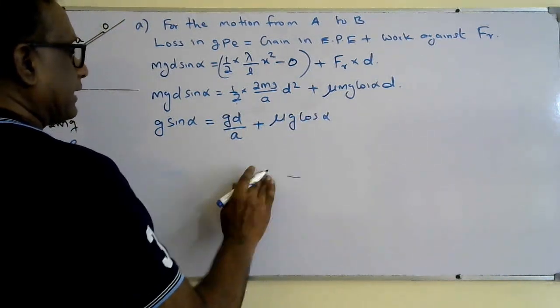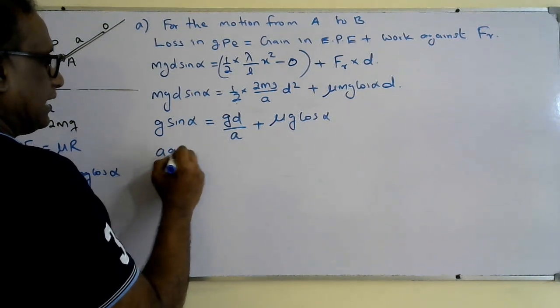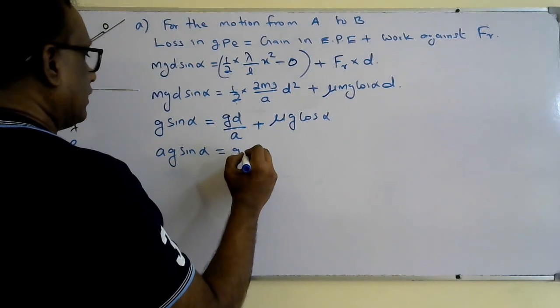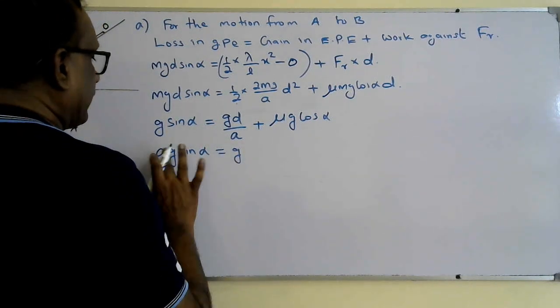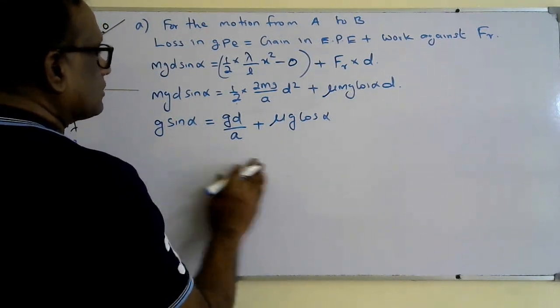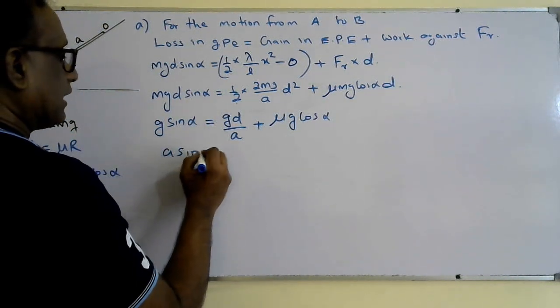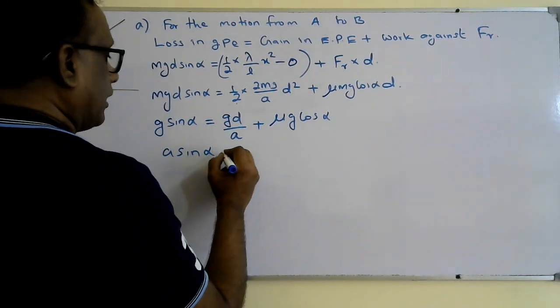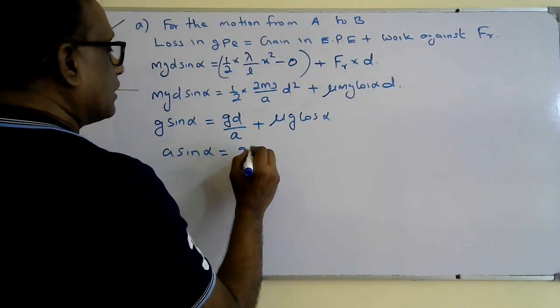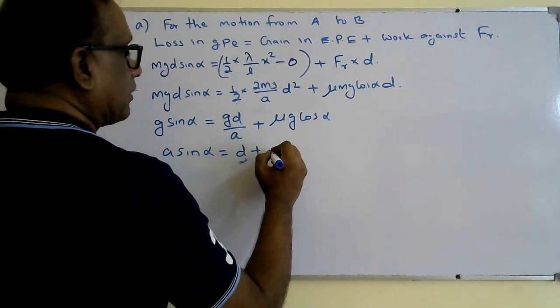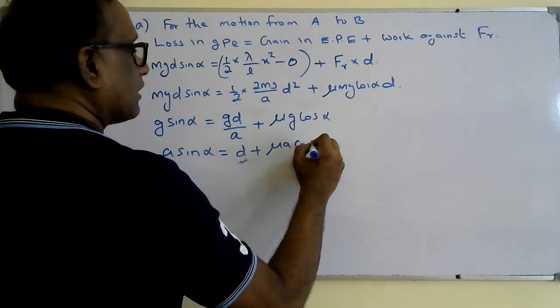Multiply the whole equation by a, so a g sin alpha equals g d plus mu a g cos alpha. I can divide the whole equation by g also, so a sin alpha equals d plus mu a cos alpha.